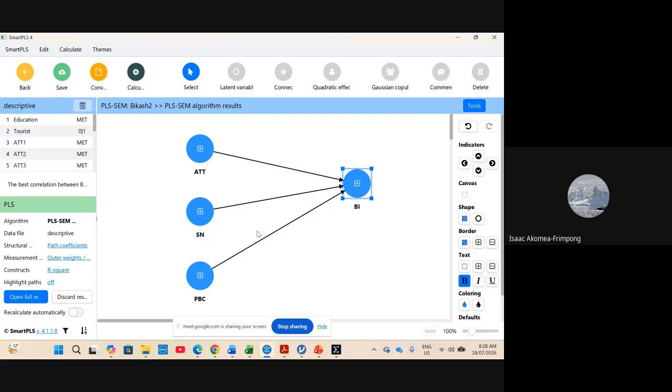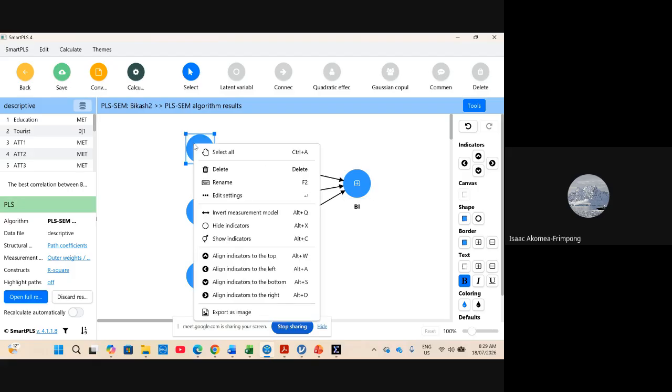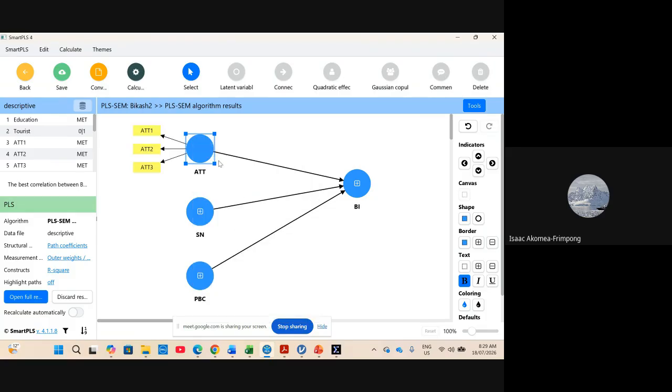We normally use that when your indicators are many, like about 10, 15, 12. Because if you are going to show 12, 10, 17 indicators, you imagine how this diagram will look. It will look some way. So in such situations, we hide them, and you can show them later.